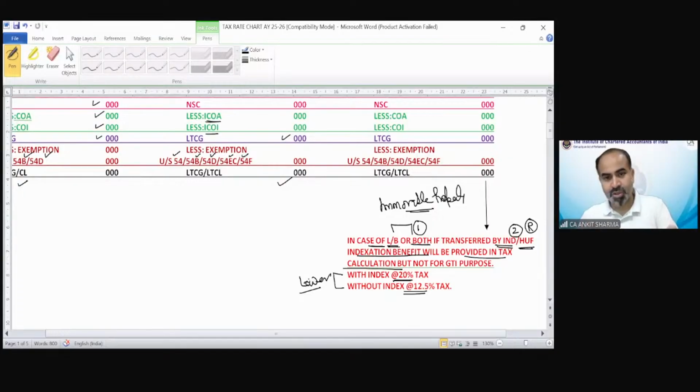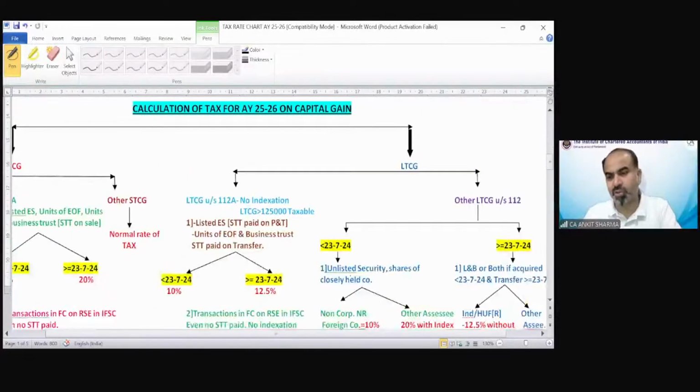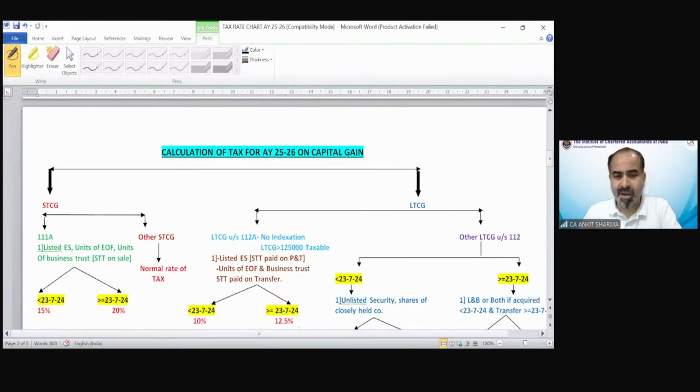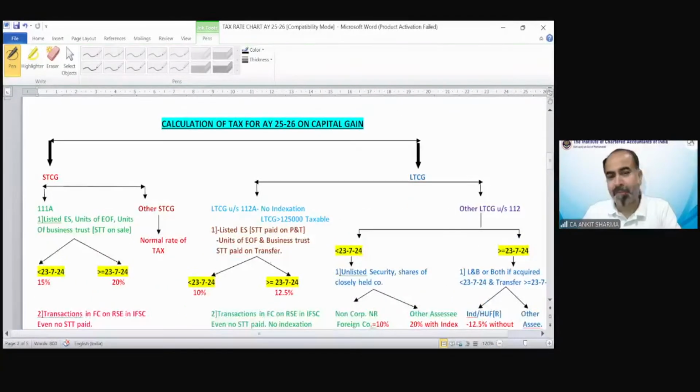Okay, so this was the provision we have already gone through. Now moving on to the rate structure. This is a little complex, but it is the easiest way to understand and learn the provision. If you go through the provision like a theoretical paragraph, I believe that would be really difficult.